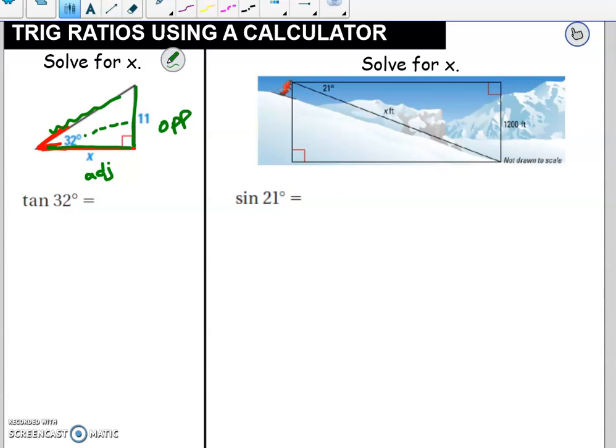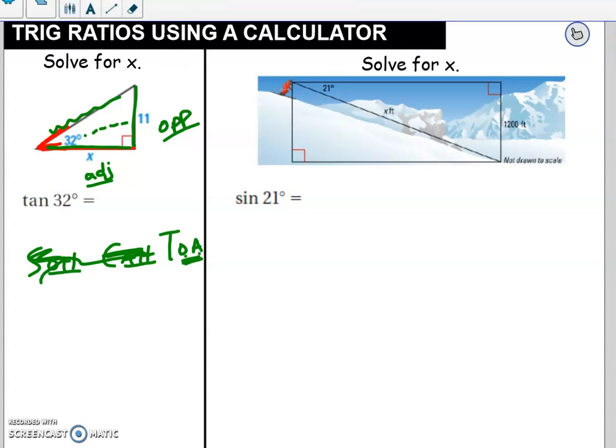Right? So now I'm thinking back to SOH CAH TOA, and which one of those three uses opposite O and adjacent A? That's the only one that uses it, right? This is O and H, this is A and H. I don't want those. I want O and A, opposite and adjacent.